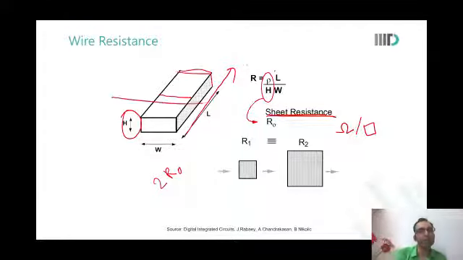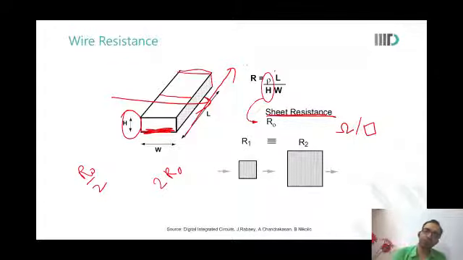If I have to flow current in this direction, now what? Sir, half. R naught by 2. Okay. We have to define a unit square also, right? Unit square is always defined by the width.